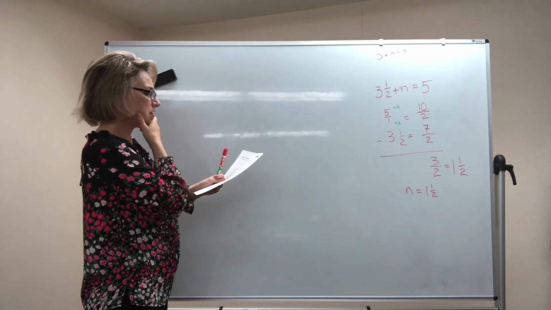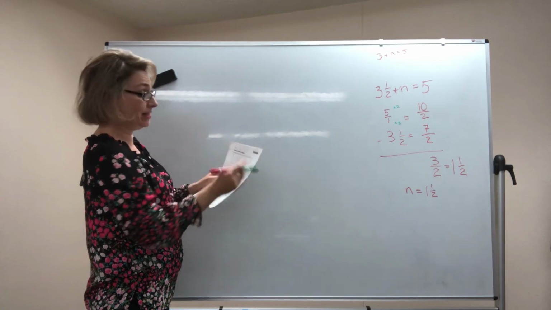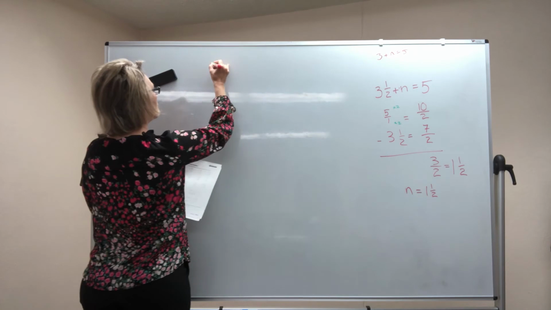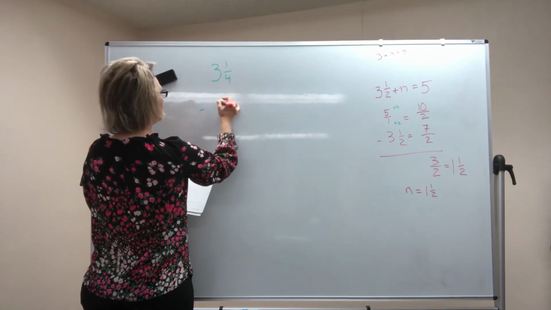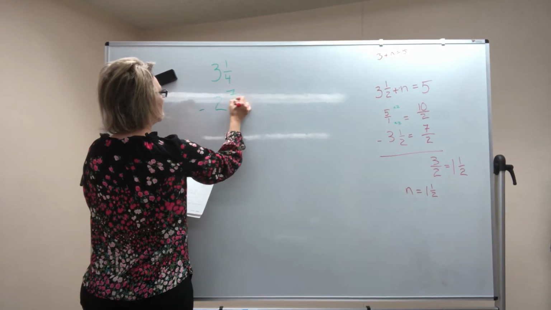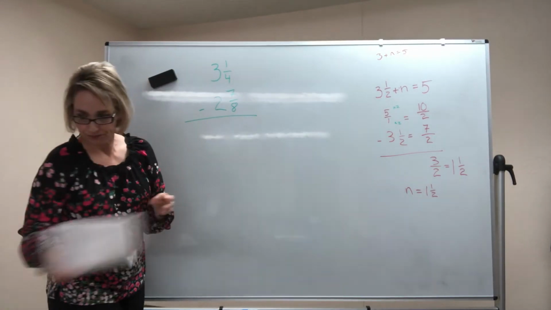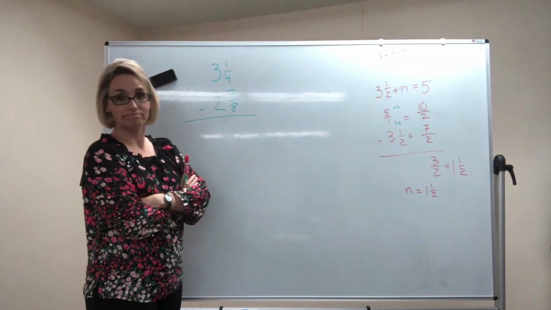If you look at number 1, let's do number 1 together on the practice page. It says 3 1/4 minus 2 7/8. Okay, now, is 3 1/4 bigger than 2 7/8?